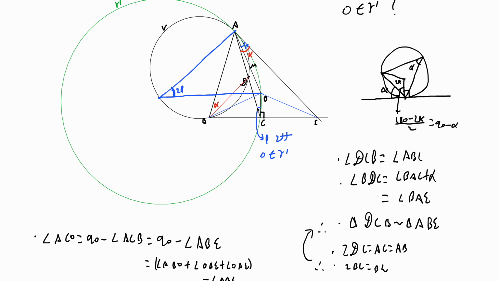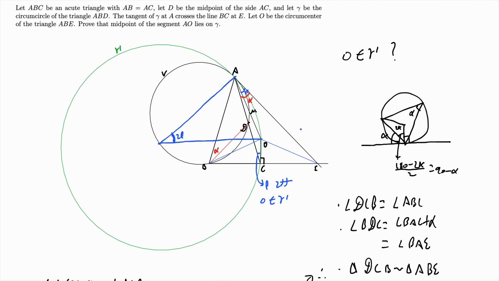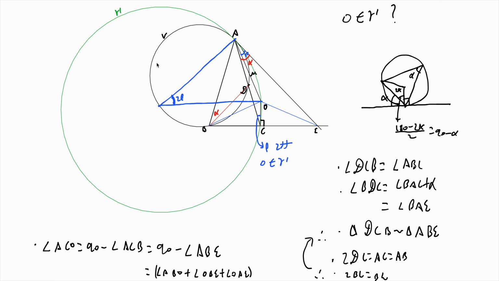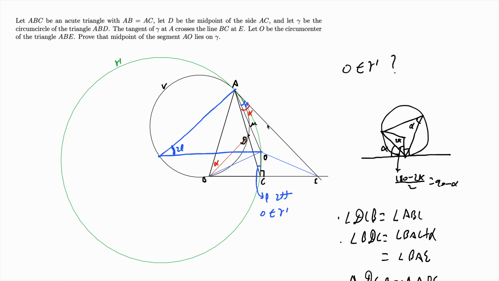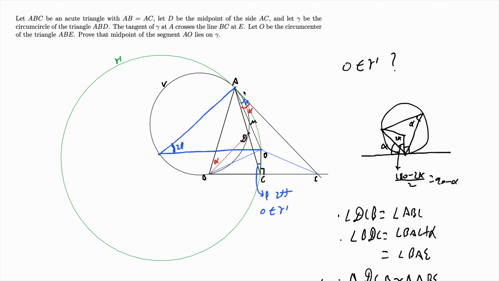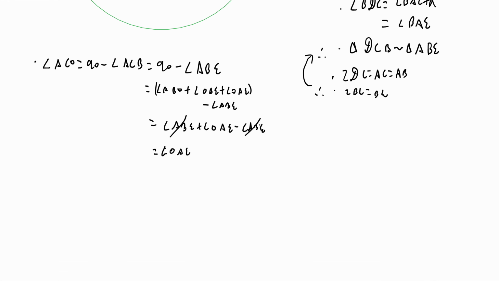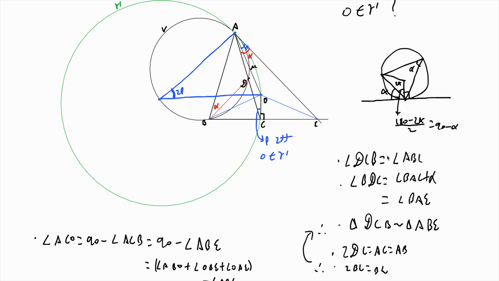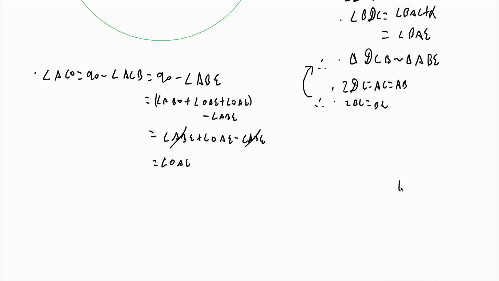So this is in fact beta. Therefore, O lies on gamma prime, and the midpoint of AO lies on gamma.